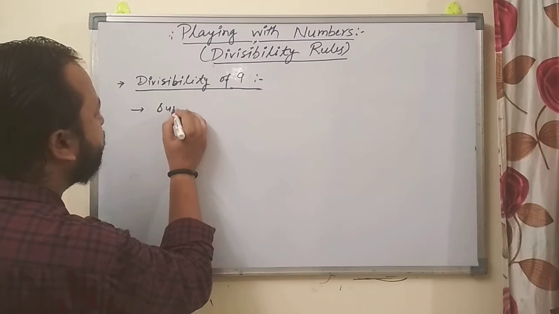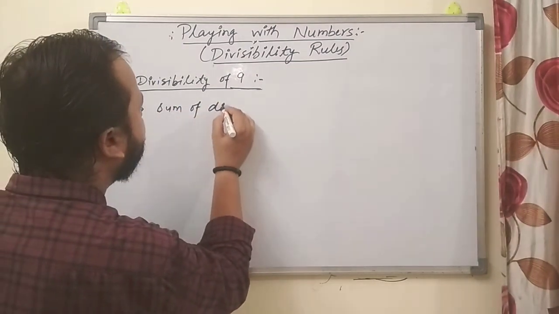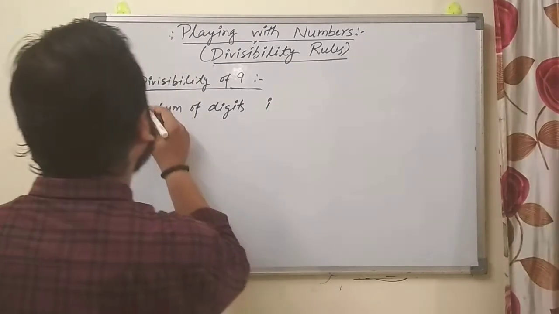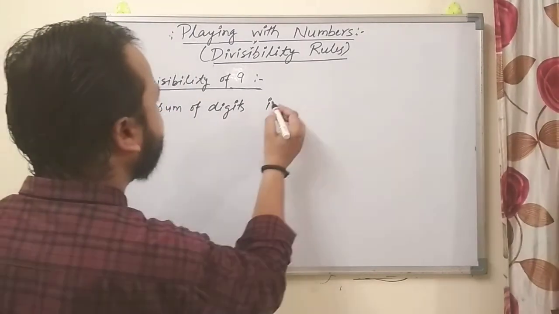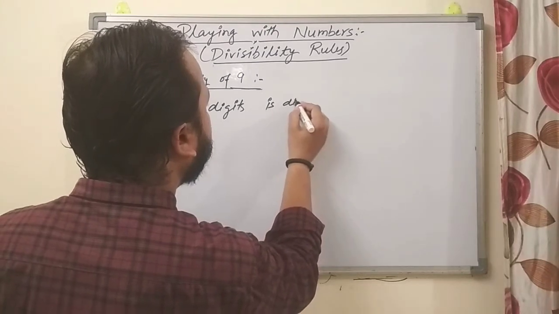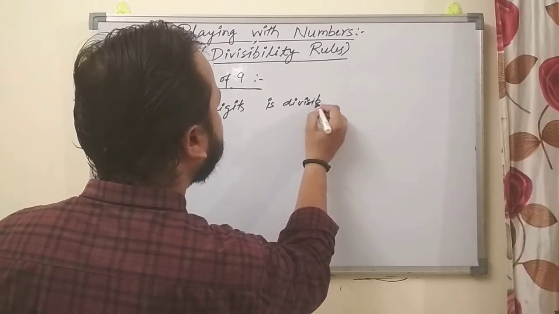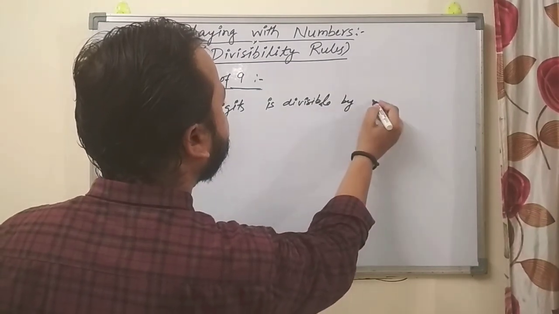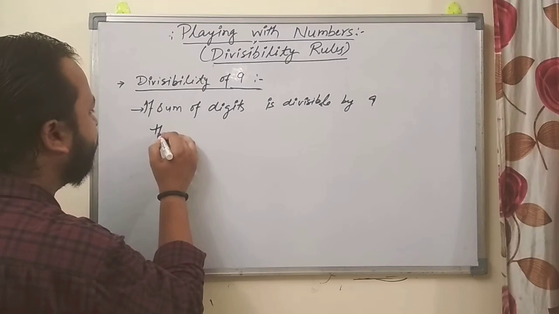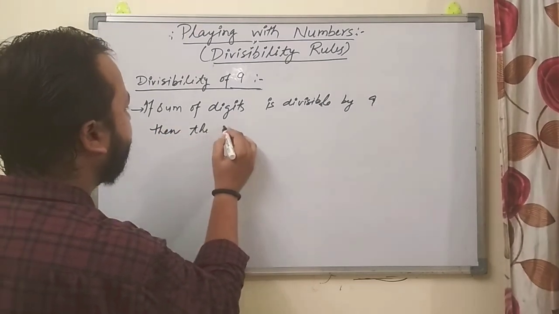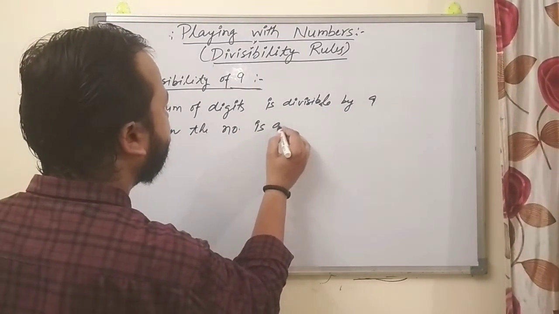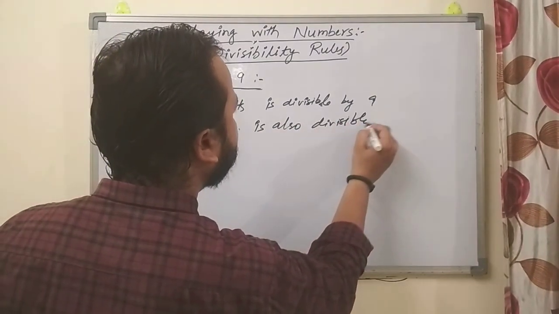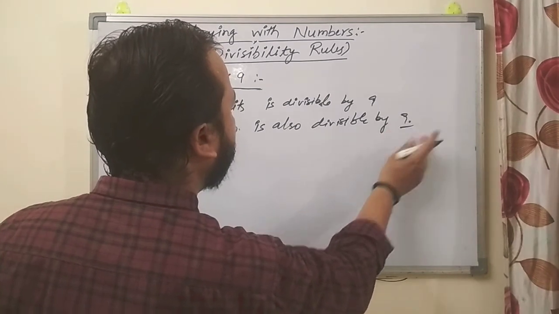If the sum of digits is divisible by 9, then the number is also divisible by 9.